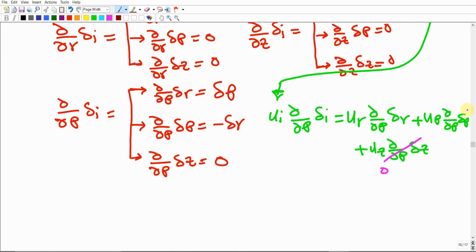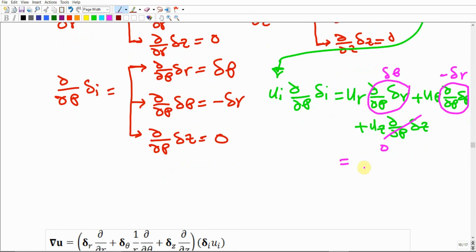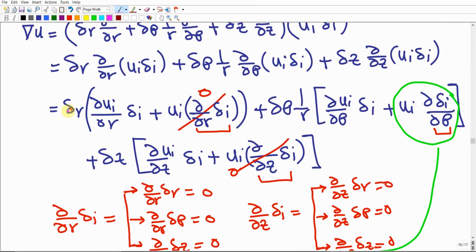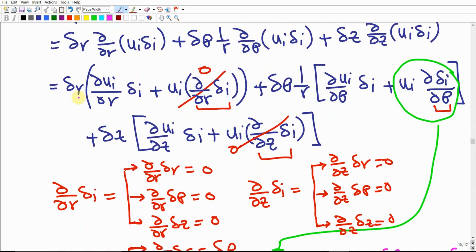This derivative gives us negative delta_r. This derivative gives us delta_theta. So it means that for this term we're gonna end up with u_r delta_theta minus u_theta delta_r. Make sense? So substituting all of this data here, the first term is just delta_r partial by partial u_i delta_r.